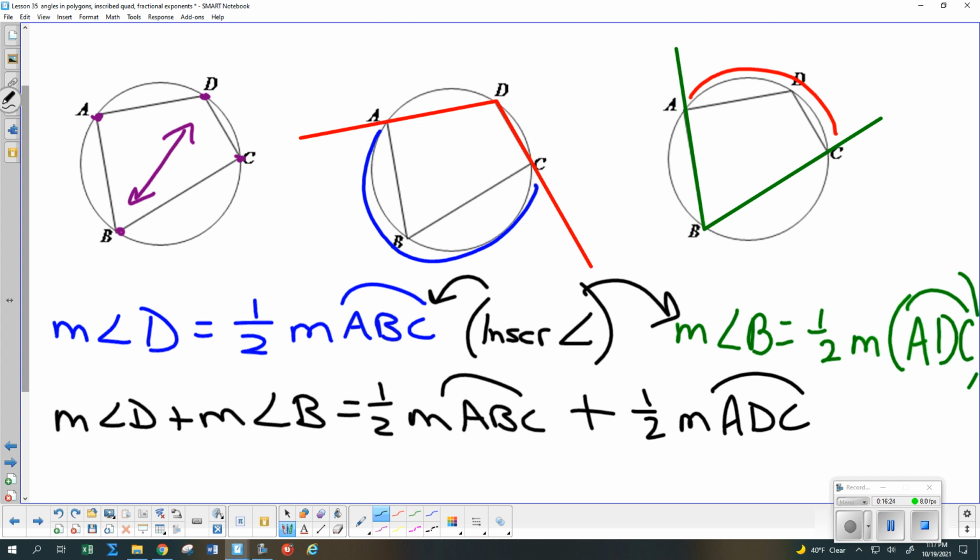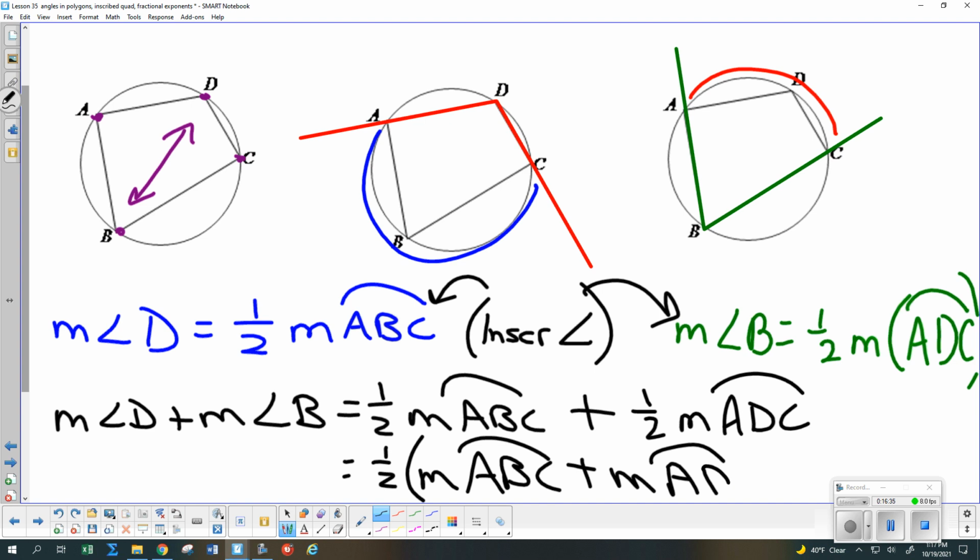Oh, looks like I got a GCF of 1/2, so I'm going to bring that out in front. And then I've got arc ABC plus arc ADC. And let's look at our picture and see what we've got there. So ABC is that up, right? And then to that, I am going to add ADC.